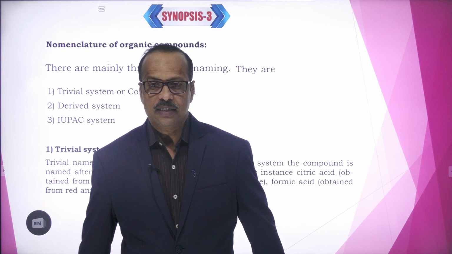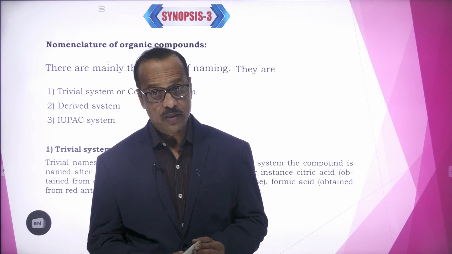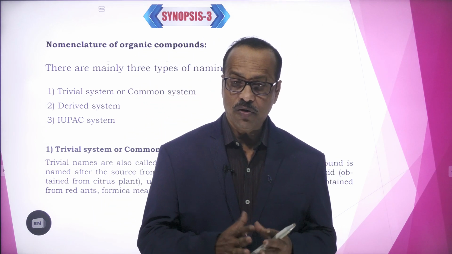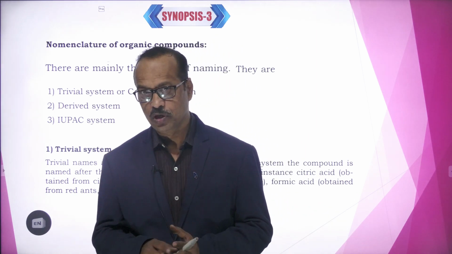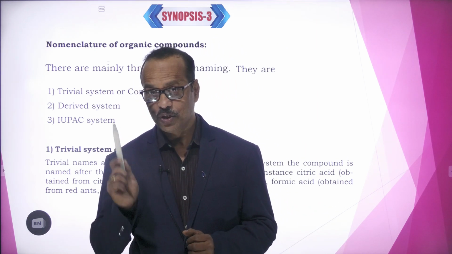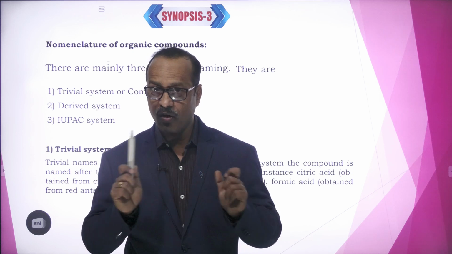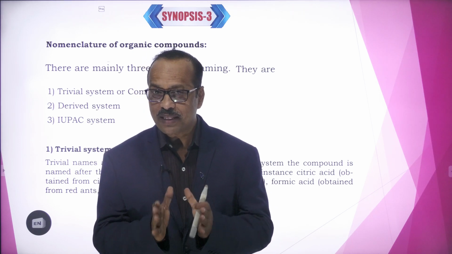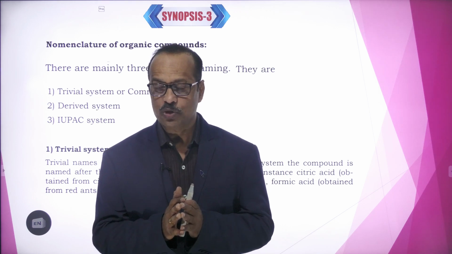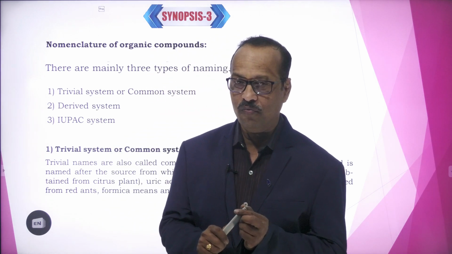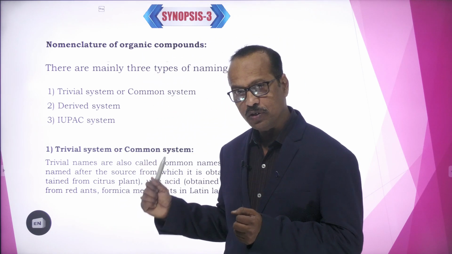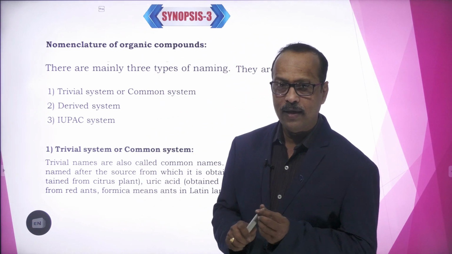This is a very important chapter, because organic chemistry consists of millions of compounds. It is not easy to remember the names of all those millions of compounds, so there should be some method. That method of naming carbon compounds we are going to discuss in the 3rd synopsis.